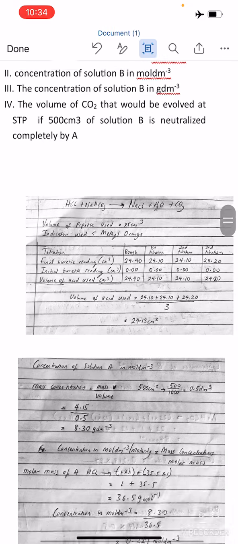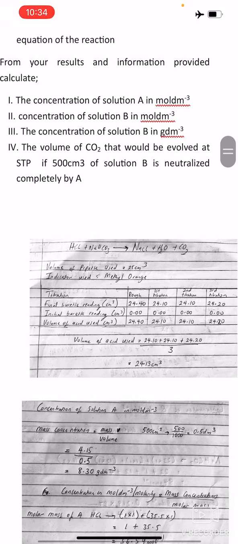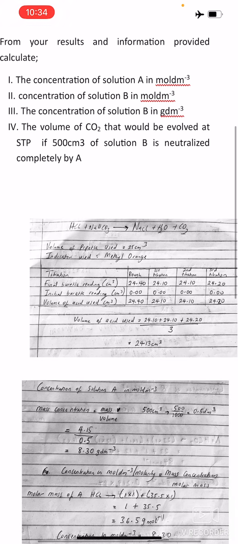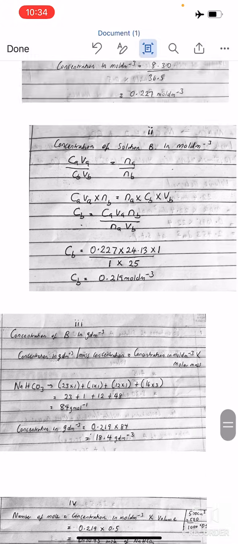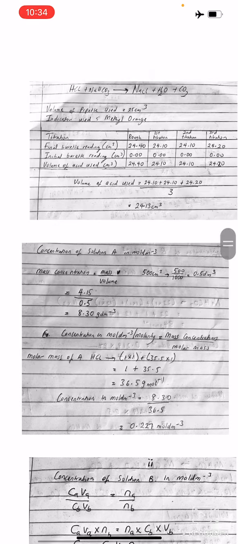And then the fourth one, we have to calculate the volume of CO2 that will be evolved at STP if 500 cm³ of solution B is completely neutralized by solution A. So now look at what I did. We should know this formula, that mole is equal to concentration in mole per dm³ times volume.